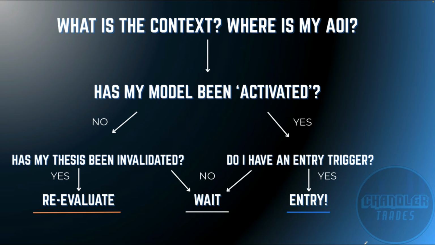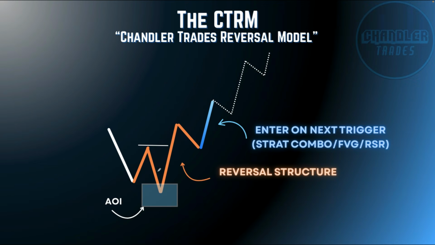So if we go back to the beginning, my whole process is to identify an area of interest, an area where I'm looking for price to either resume trend or reverse trend, looking for a reversal structure to activate that, and entering on the next entry trigger within the hunting leg. And from there, I'm trying to stay involved with trend until the objectives are met.